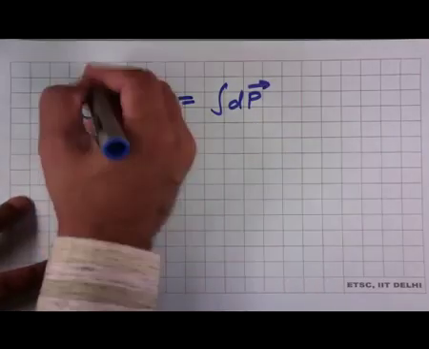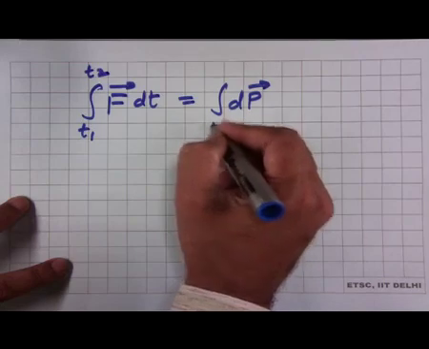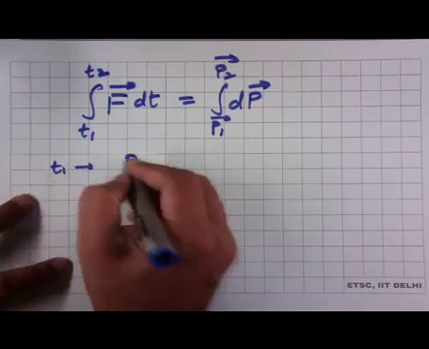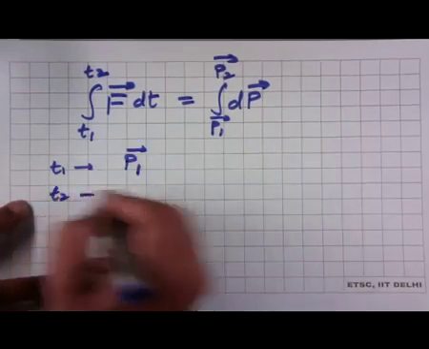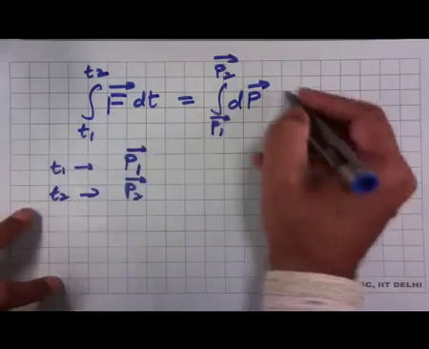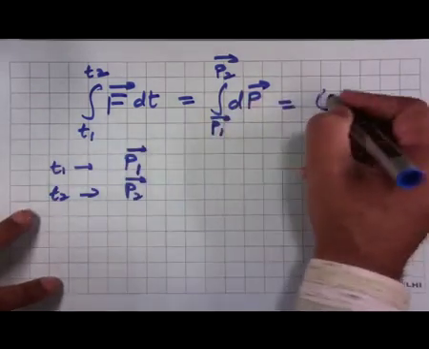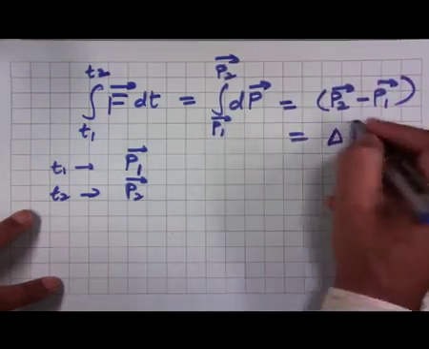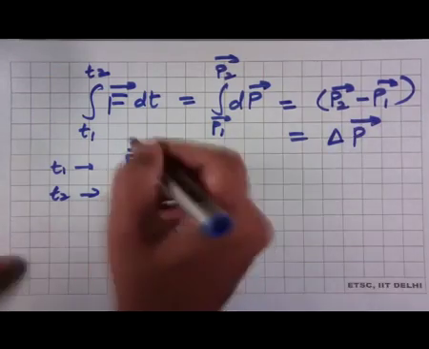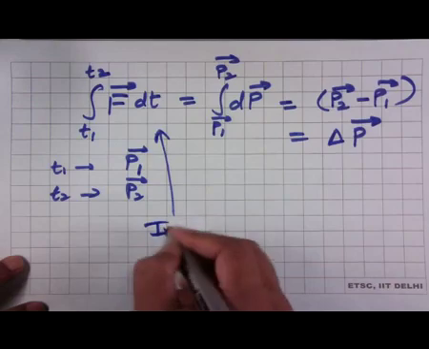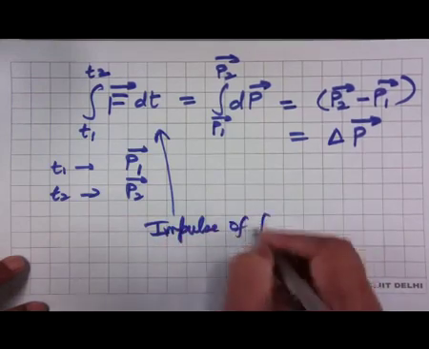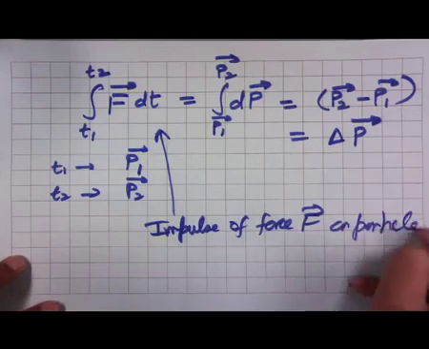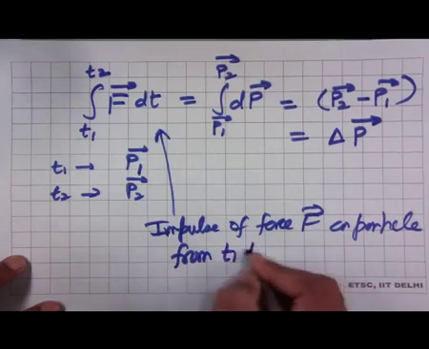Now, t goes from t1 to t2, and p goes from p1 at time t1, the linear momentum, to p2 at time t2. The right hand side, integral dp, just becomes p2 minus p1, which we can also write as the change in momentum. And the left hand side is nothing but the impulse of force F on the particle from t1 to t2.